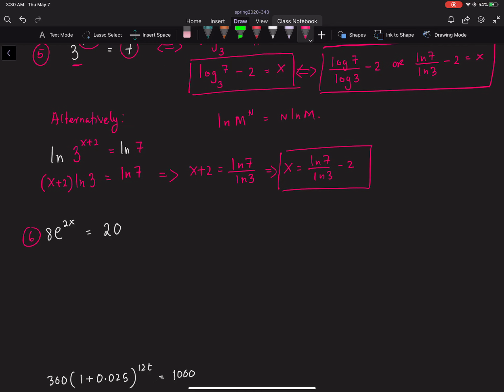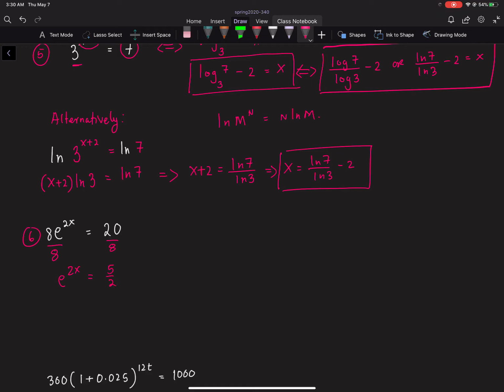Okay, so to solve this, remember that the way we switch things to logarithms is you need to see the base, you need to see the exponent, and it's equal to the argument. Over here, I can't do that straight away until I divide. So if I divide everything by 8, I end up getting e to the 2x is equal to 5 over 2.